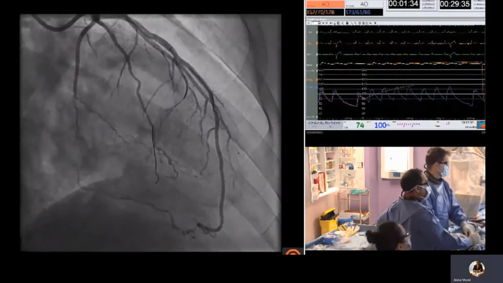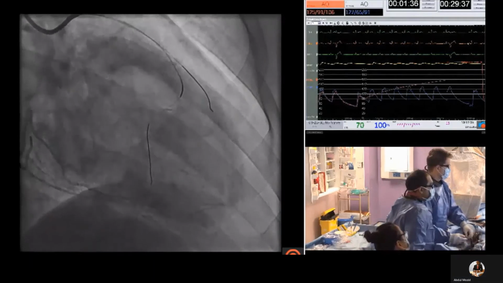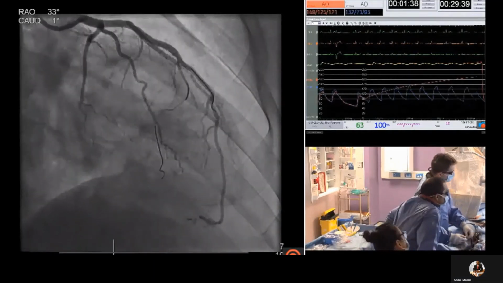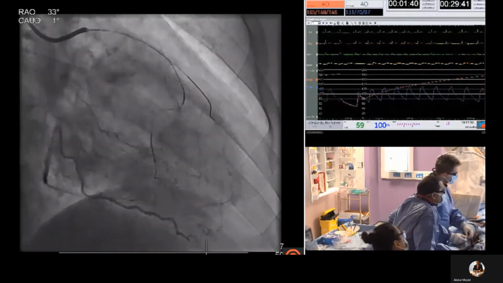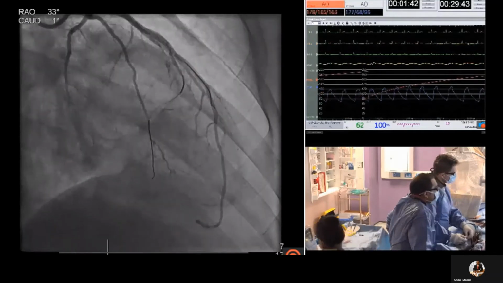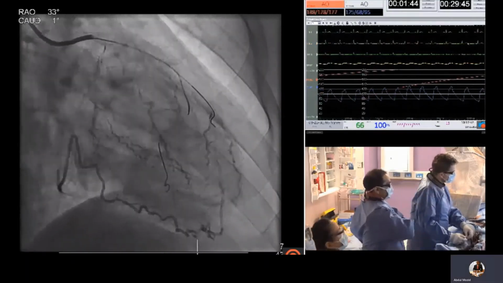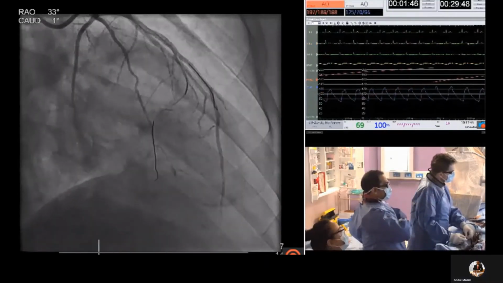So we did injections just to clarify where we were. So we needed to come back and redirect.